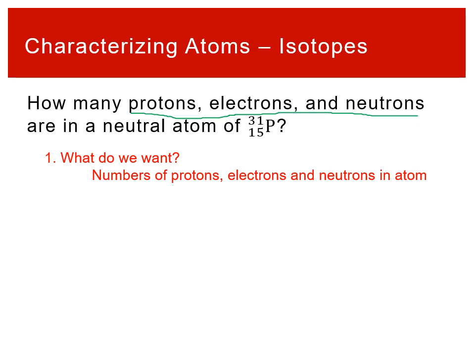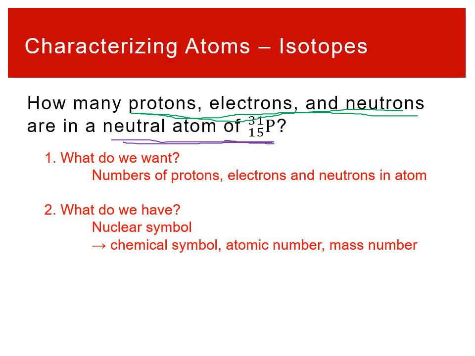This really is what we want to get to in the end: to take this very packaged information about atoms, this property information, and relate it back to the number of subatomic particles. So what information do we have?